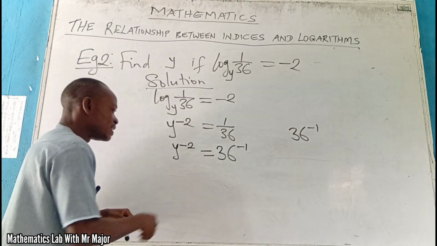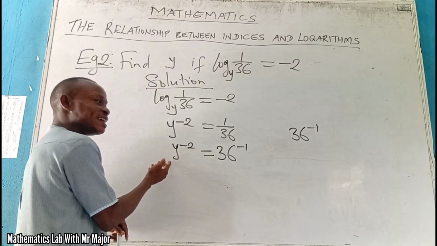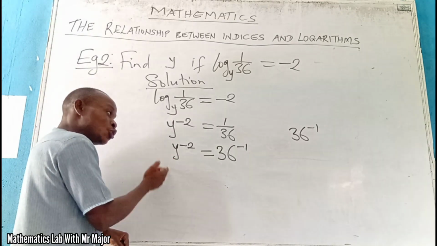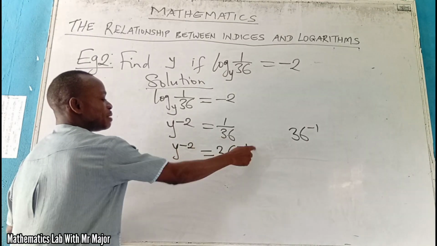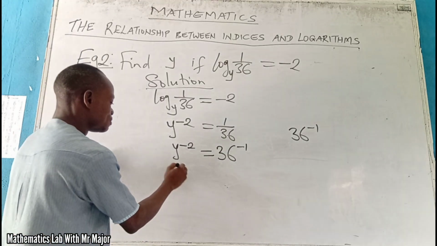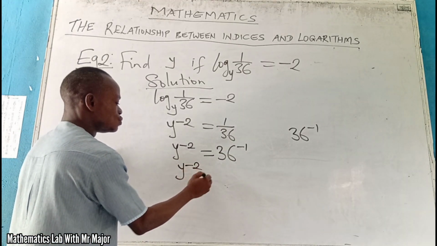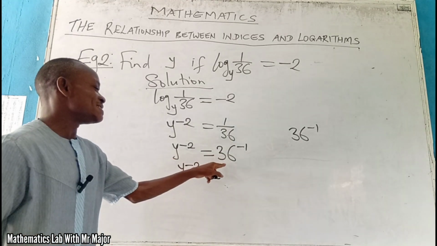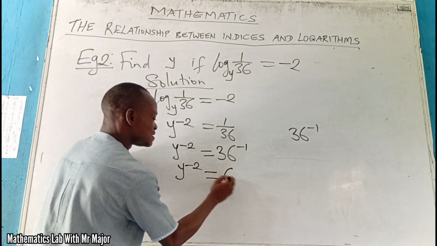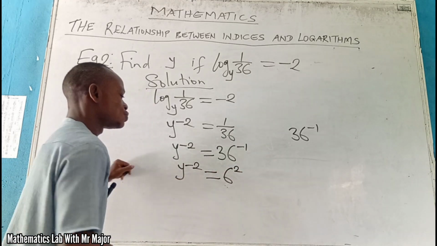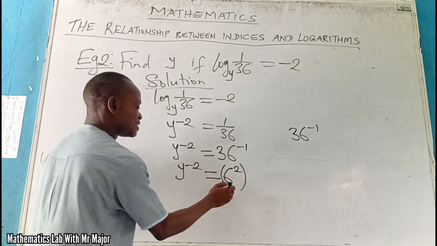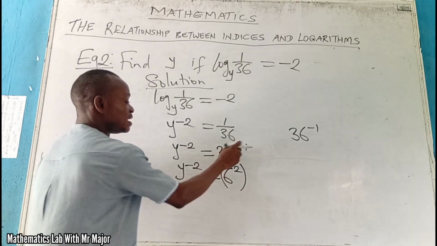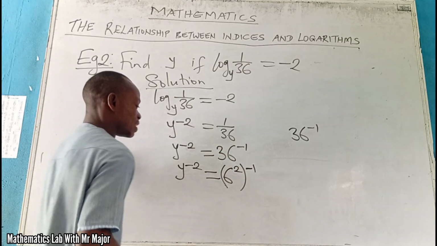So we need to make, in this case, since the base here is an unknown, let's see how we can make the powers the same. So this becomes y raised to power minus 2 equal to 36, which is the same thing as 6 raised to power 2. So we have 6 raised to power 2 as 36, then raised to power minus 1.